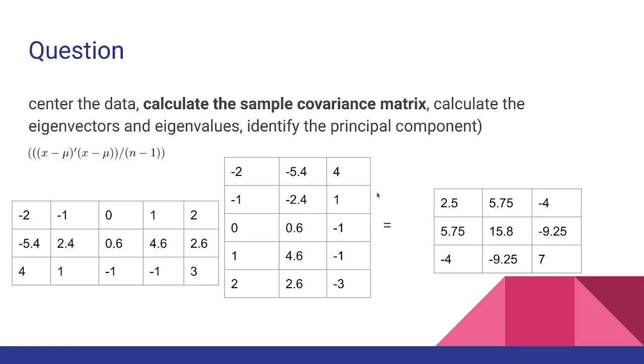Taking its transpose, we get this: minus 2, minus 5.4, 4 here, then minus 1, minus 1 here, minus 2.4 here. Okay, it should be minus 2.4.